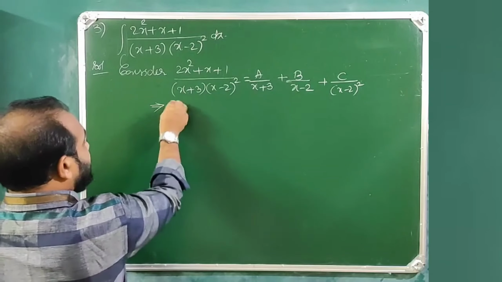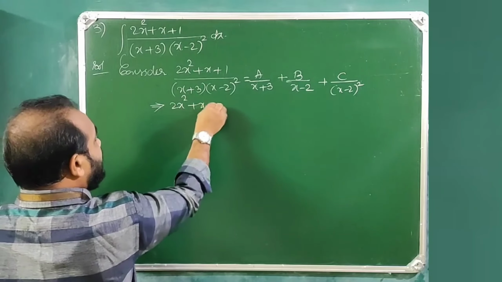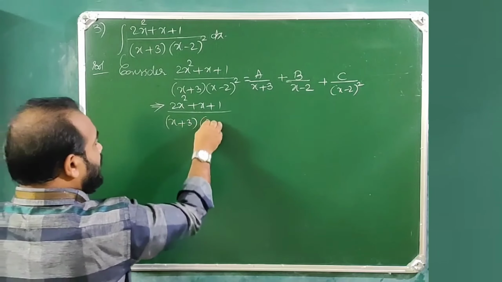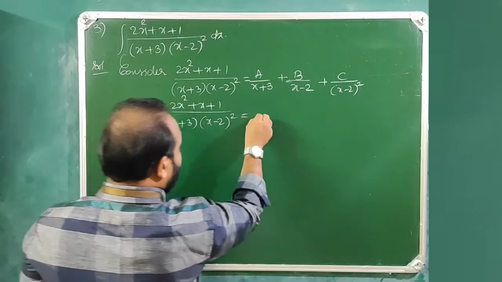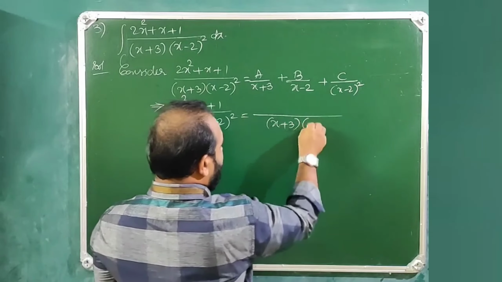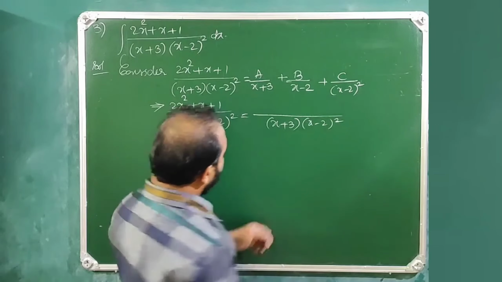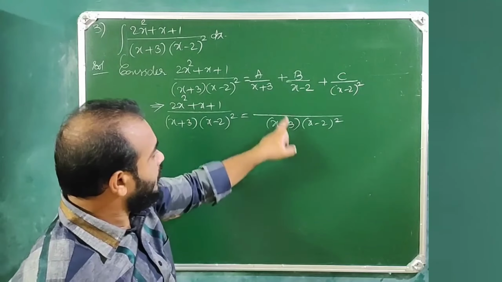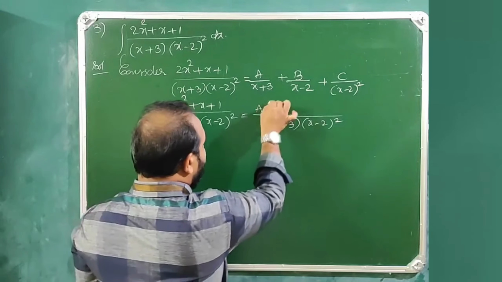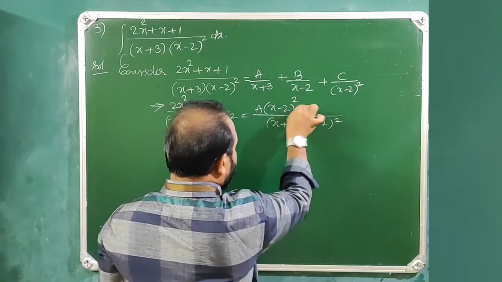So this implies 2x square plus x plus 1 by x plus 3 into x minus 2 whole square equals, taking the LCM, which is x plus 3 into x minus 2 whole square. The x plus 3 gets cancelled, so we get A into x minus 2 whole square, plus.